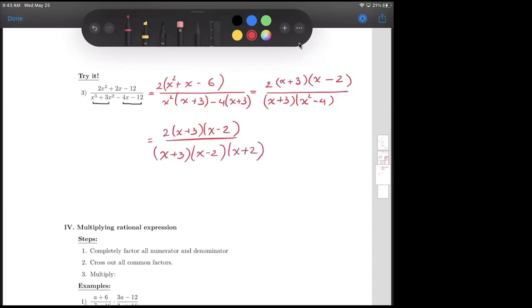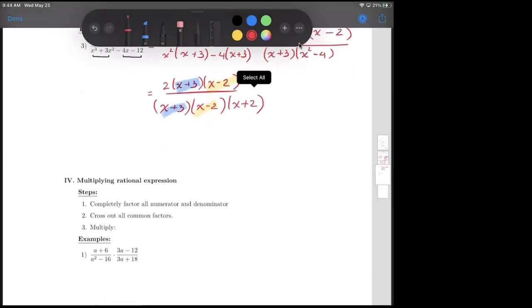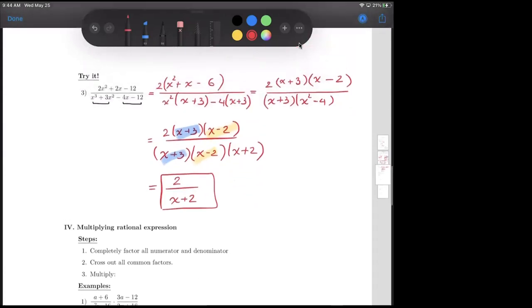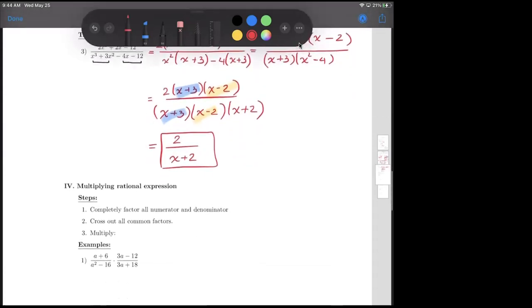Now I can simplify this one with this one, and this one with this one. So what's left is 2 over x plus 2. Right, give yourself a bonus check mark. Very good.